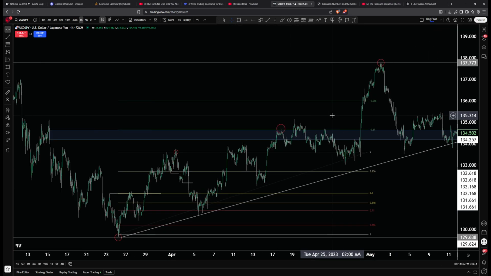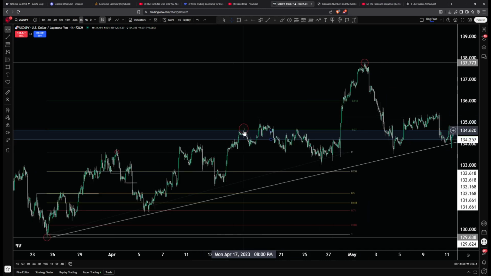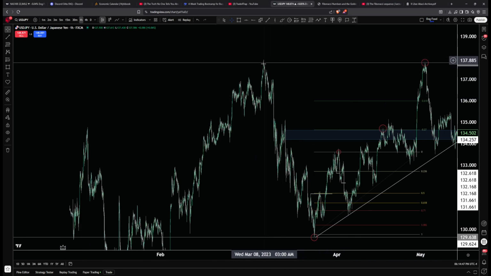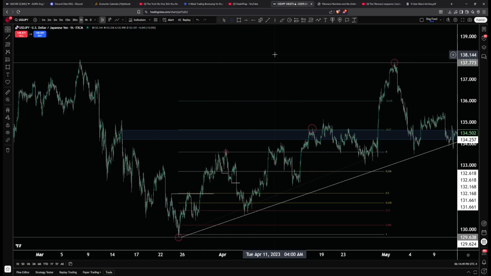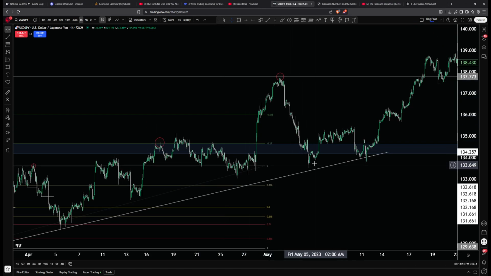Okay, very simple. So the price came up, hit TP1, it consolidated, never came back down anywhere here, and then it hit TP2, and then it even went all the way up to retest these highs before coming back down.